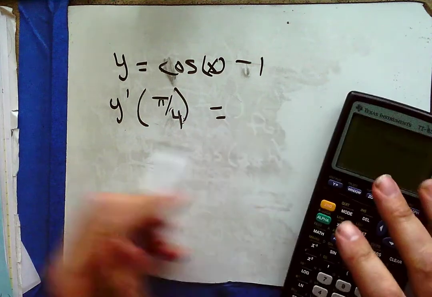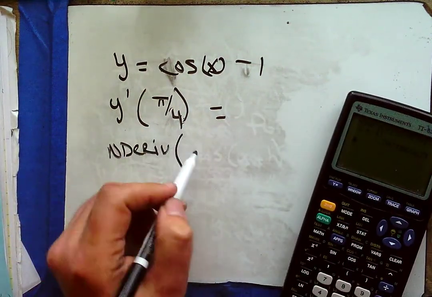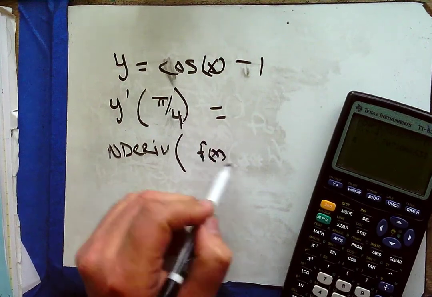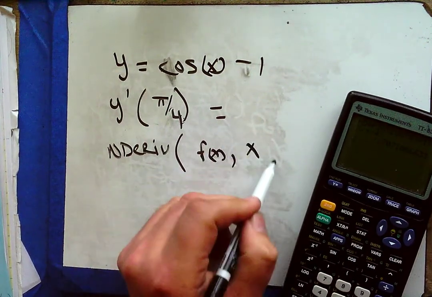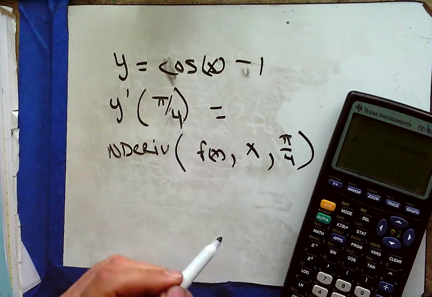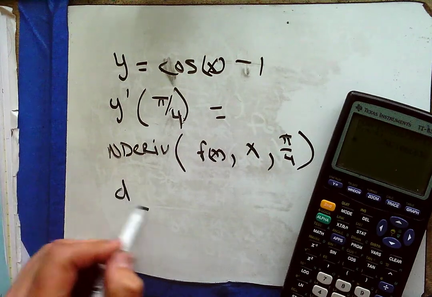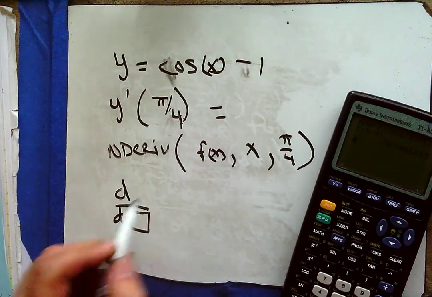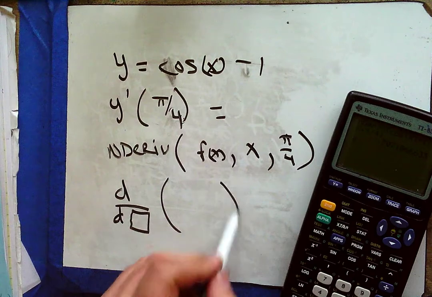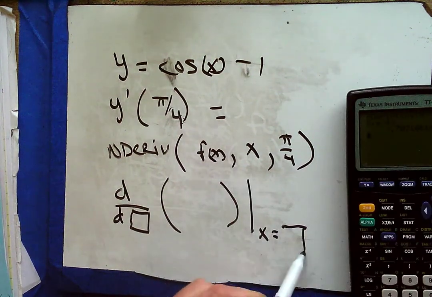So remember, it was nDeriv of, you type in the function in terms of x, and then you type in the point where you want to know the derivative. New calculators do d box of, evaluated at x equals box.